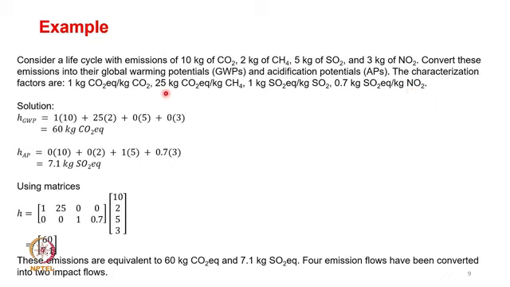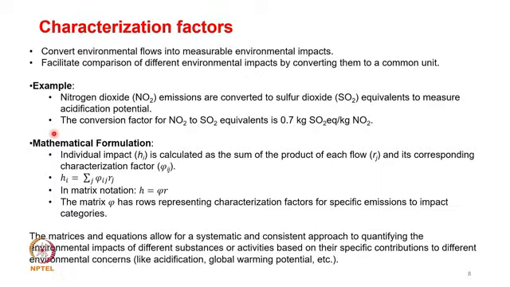Global warming potential is something that is concerning CO2, while the acidification potential is something that is concerning SO2. So how do we compute this? We look at the individual impacts H as the linear sum of each of the resources and the corresponding characterization factor.